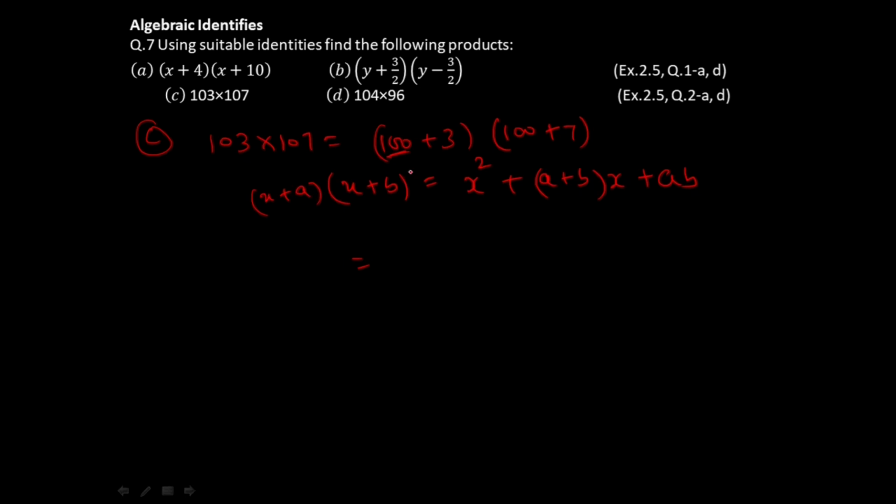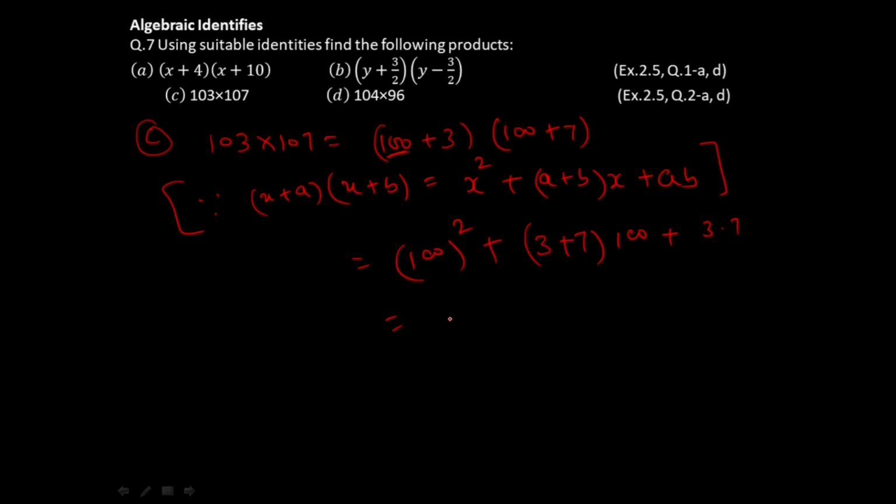So my answer will be, because this whole thing equals that, 100 square plus a, what is a here? 3 plus b 7, times x which is 100, plus 3 times 7.